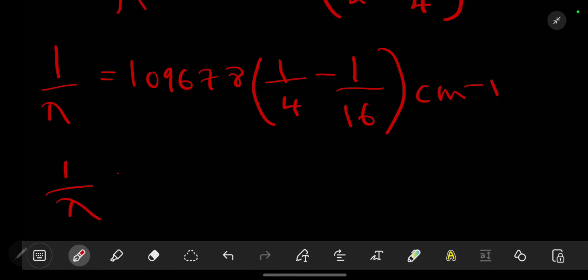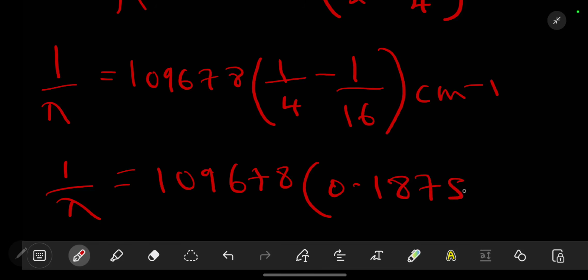So we have 1 over this should be equal to 1.09678. So when we subtract 1 divided by 4, just be careful on your subtraction, minus 1 divided by 16, this will give us a value of 0.1875 centimeters to the power -1.